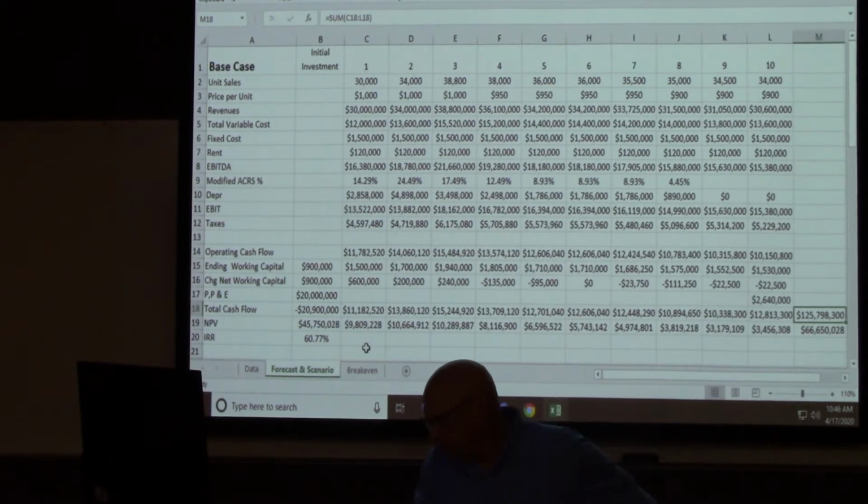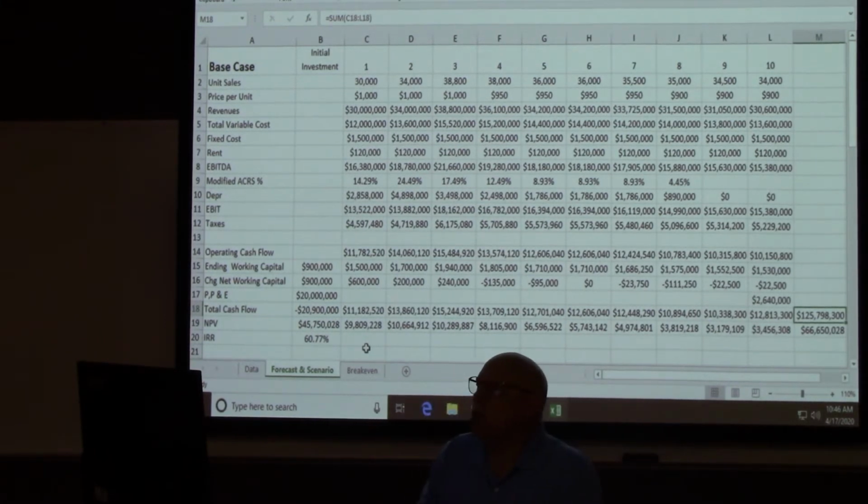And so as we look at our cash flows, I think the way we can determine which variables we should test is based on how significant the variable is in the context of the overall project.